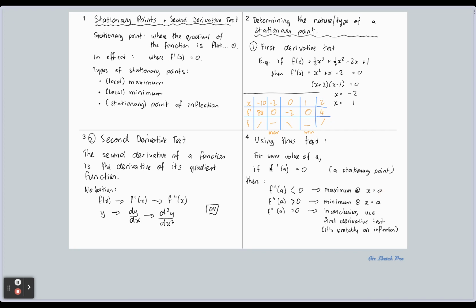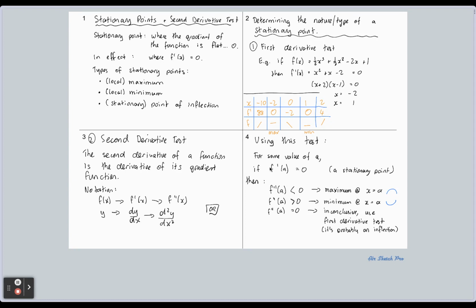This is how I think of it: if f dash dash of a, the second derivative, is less than 0, then we have a maximum because we have a frowny graph at that point. If the second derivative at the point a is greater than 0, then we have a minimum at x equals a, and think of that like a smiley graph.